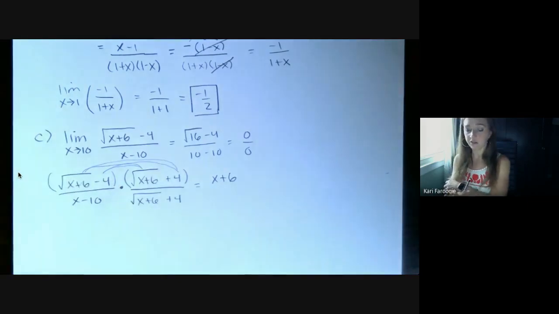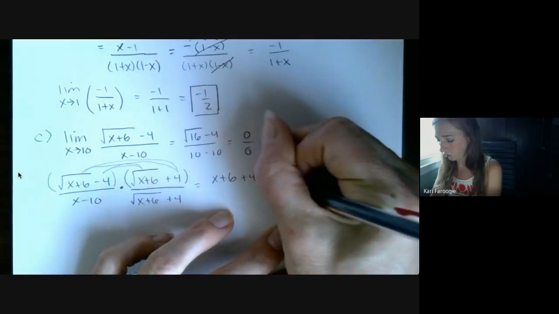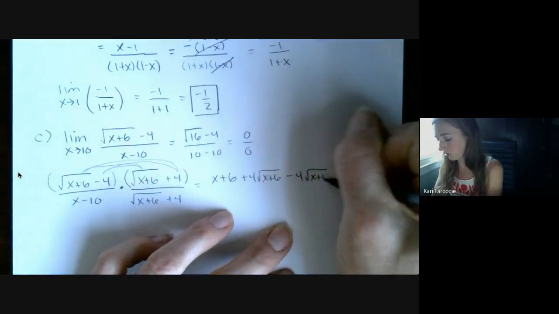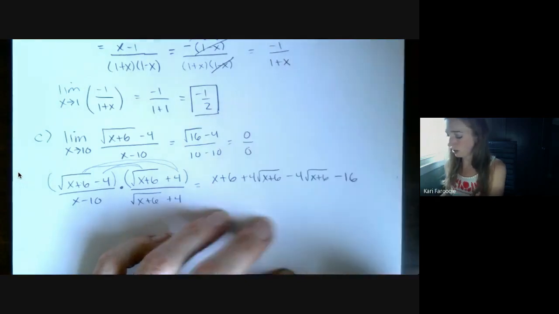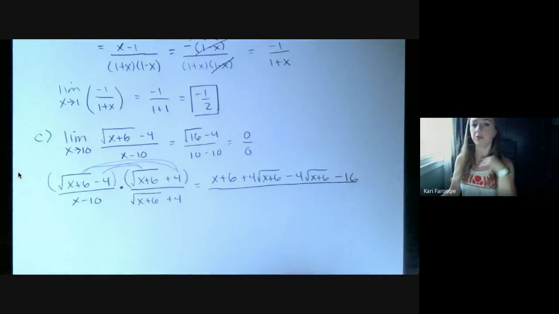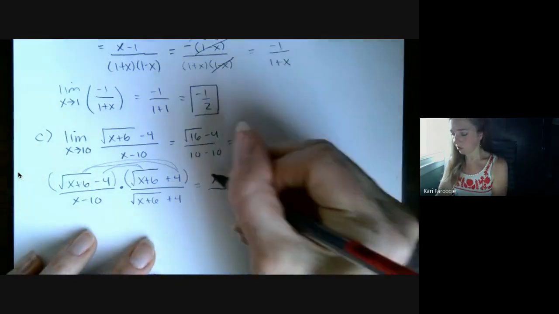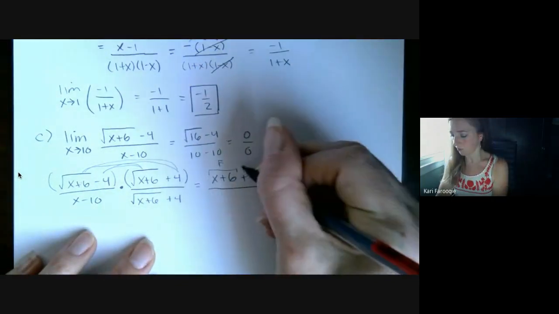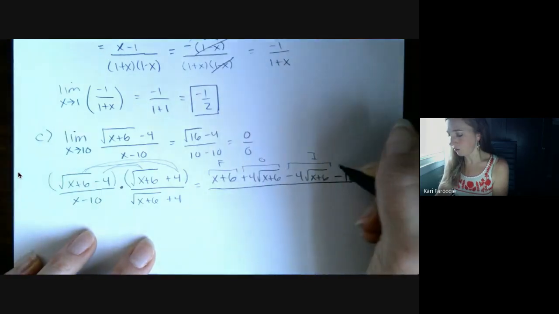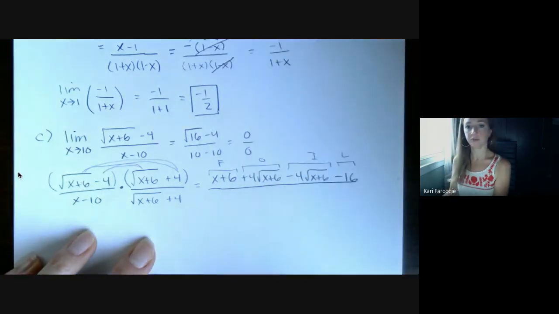Just because this is the first one I'm doing, I'm going to write out the plus 4 root x plus 6 minus 4 root x plus 6. You don't have to do that. I just don't want anyone to be confused and wonder what the heck just happened. Okay, so these are your first, outside, inside, last.